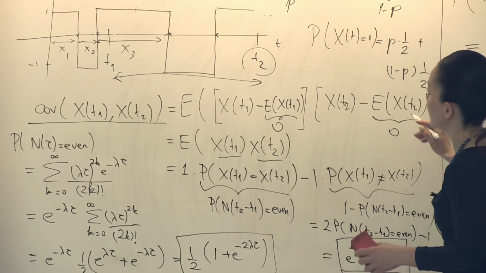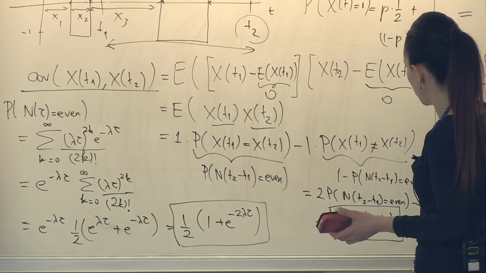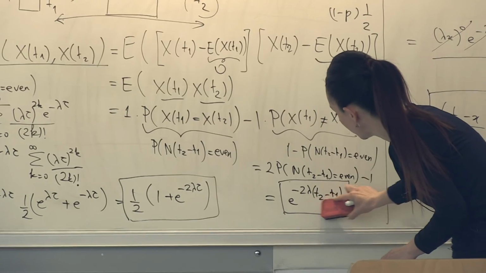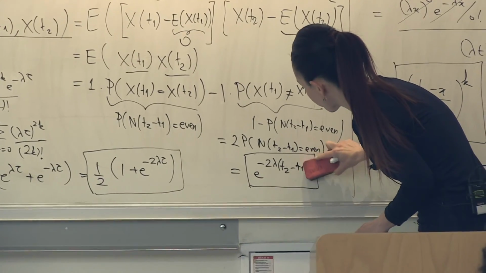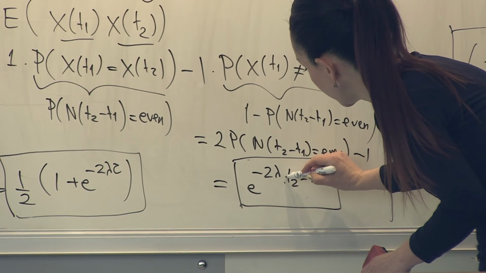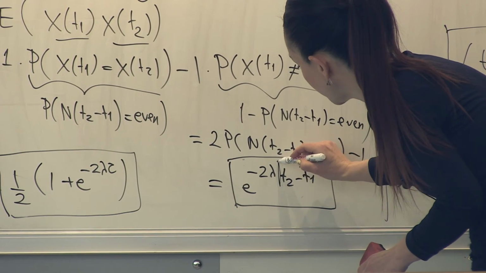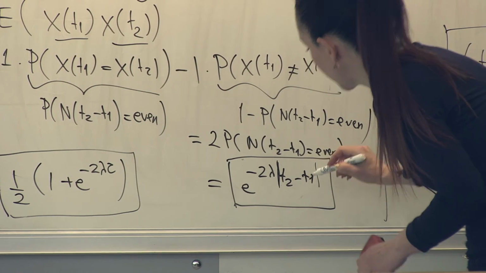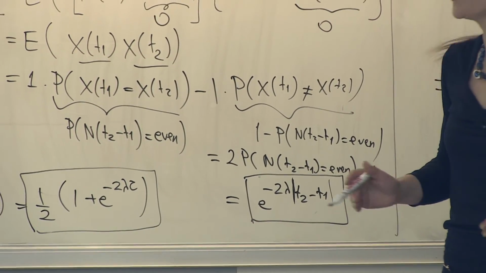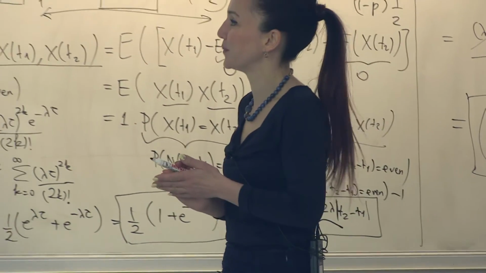In general, for the autocorrelation function, I can substitute this parenthesis with an absolute value, clearly because we're subtracting the smaller one from the bigger one. Okay, so that's the random telegraph signal.